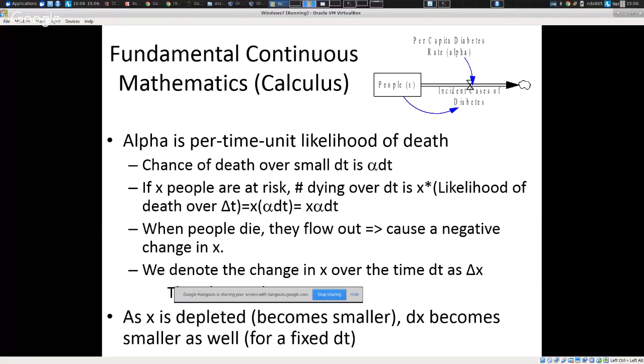The probability that someone would die within that tenth of a year would be 0.01, that's alpha, the hazard rate, times the amount of time, 0.1. So it'll be 0.01 times 0.1, or 0.001.